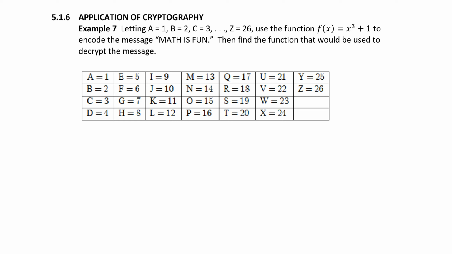Then we're going to use the function f of x equals x cubed plus 1 to encode the message "math is fun." Anytime you enter your personal information, specifically financial information, on the web and that information is sent to some sort of receiver, first that information must be encrypted or encoded in order to prevent those out there who would like to use your bank account or take your identity from theft.